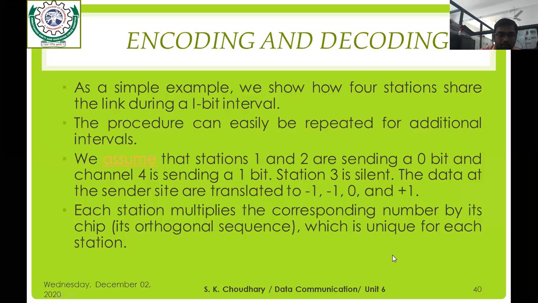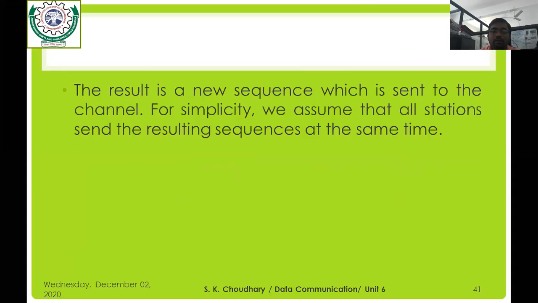Now each station multiplies its corresponding number by its chip. What is a chip? It is an orthogonal sequence that we learned yesterday, which is unique for each station. The result is a new sequence which is sent to the channel.